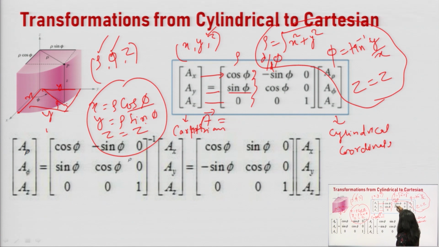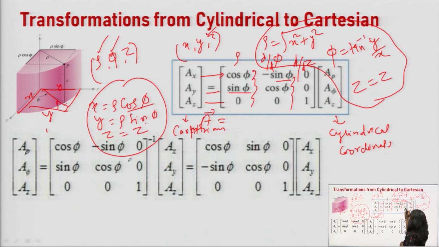Now here to get the z term, we need to differentiate these terms with respect to z. If we differentiate these terms with respect to dz, then we will get 0, because for z this acts as a constant and the differentiation of a constant is 0.